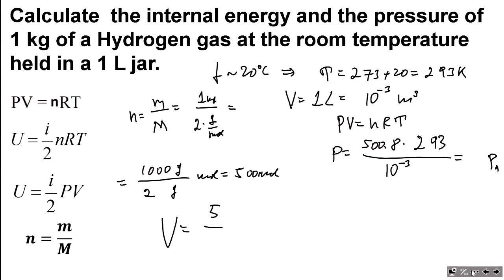I equals 5. 5 over 2 times nRT again because we know all values. 5 over 2, 500 moles, 8, 293 joules. Done.